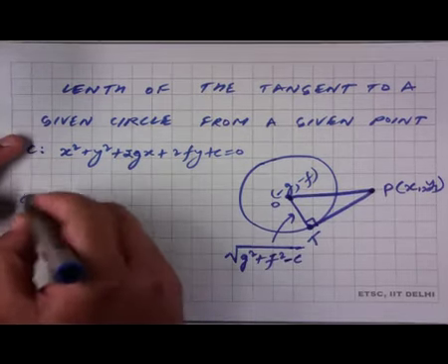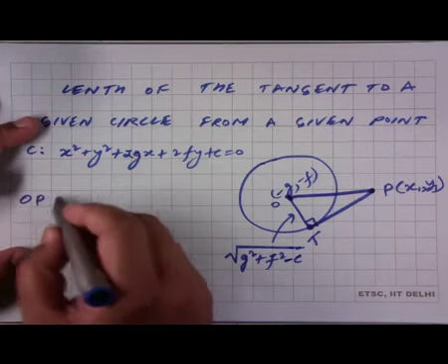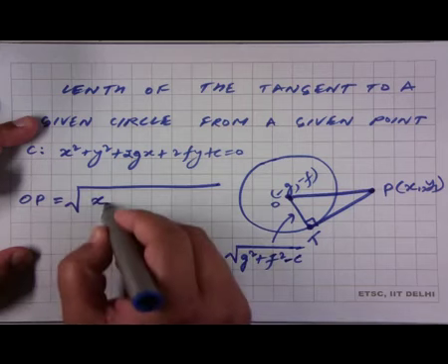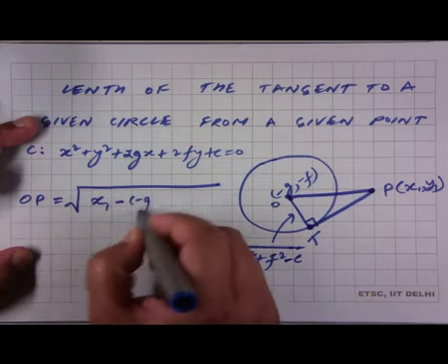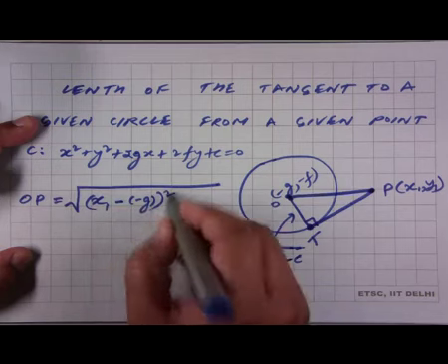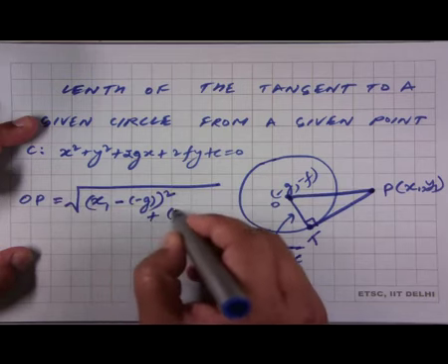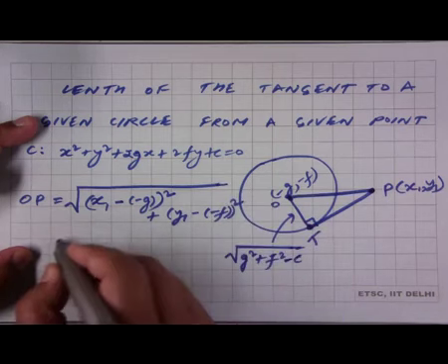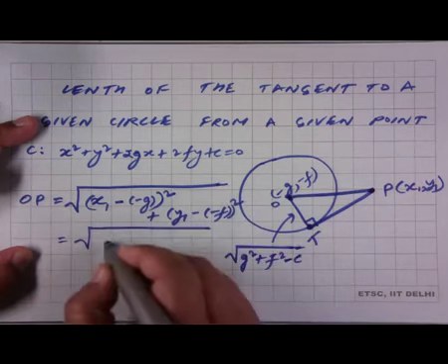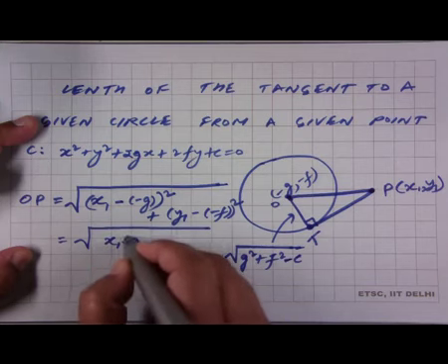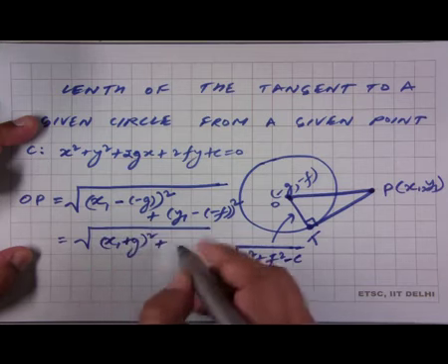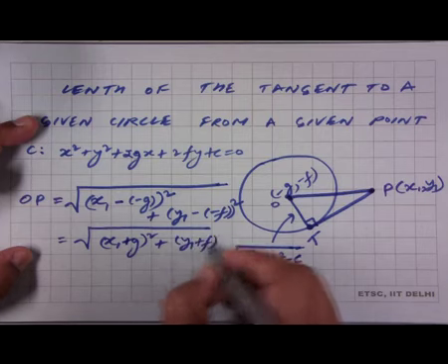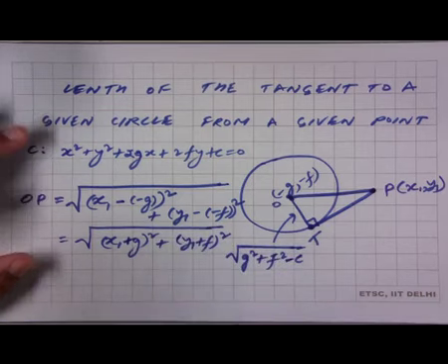OP is given by the square root of x1 plus g whole square plus y1 plus f whole square.